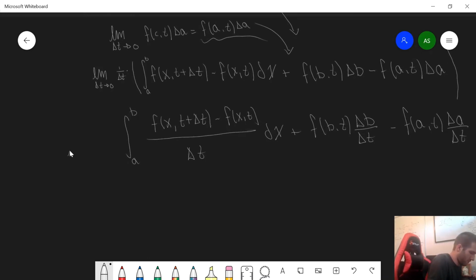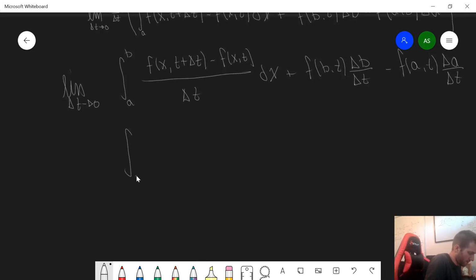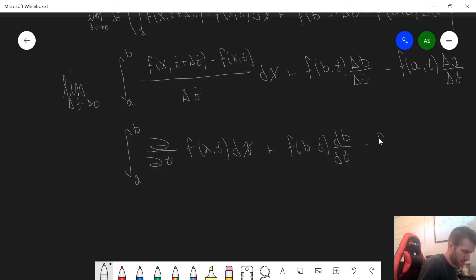I lied, but now once I evaluate the limit as that approaches 0, this just becomes our partial, where we have our integral from a to b of our partial differential with respect to t, times our function of x comma t, with respect to x, plus our function of b comma t, where we have now just db over dt, because these now become differentials with respect to t, minus our function evaluated at a comma t, where we have da over dt. And there we have it.